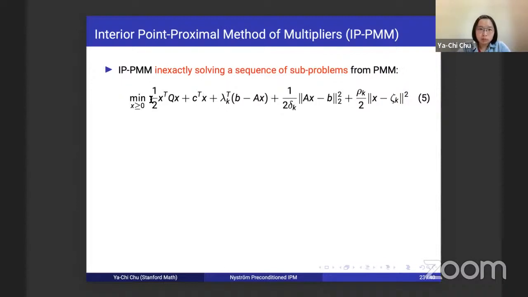The original PMM method involves solving this problem, which is parameterized by several parameters.